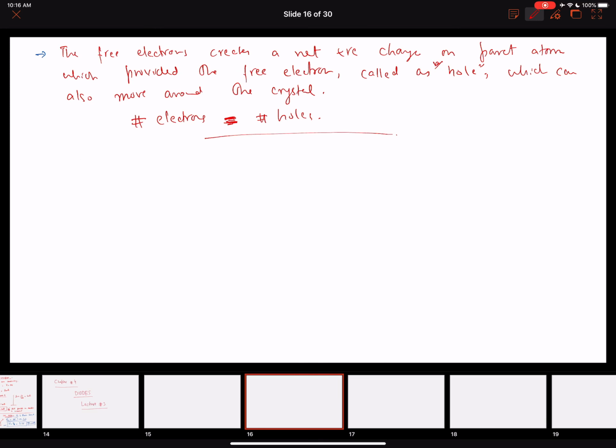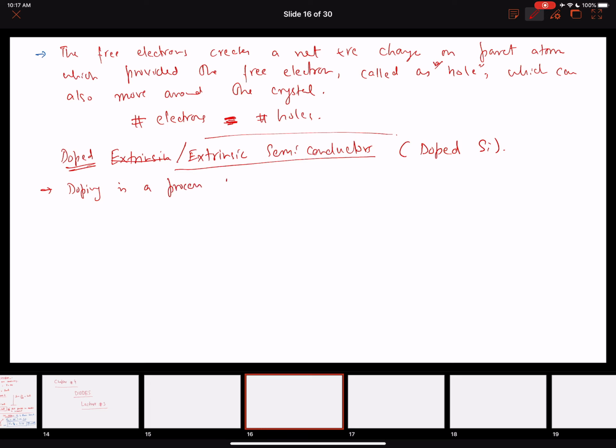All right, now let's talk about extrinsic semiconductors. This is also known as doped silicon, silicon being an example of a semiconductor. So we also call an extrinsic semiconductor a doped semiconductor. Doping is a process in which we add impurities to the semiconductor, right?